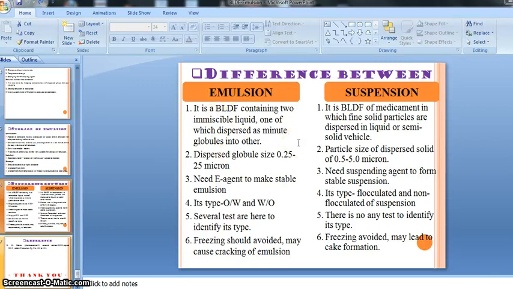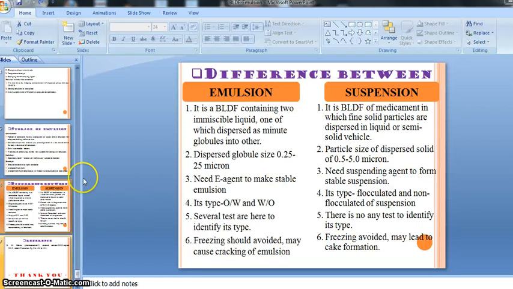This difference we will discuss in our next lecture, and we will complete the emulsion chapter with this topic.